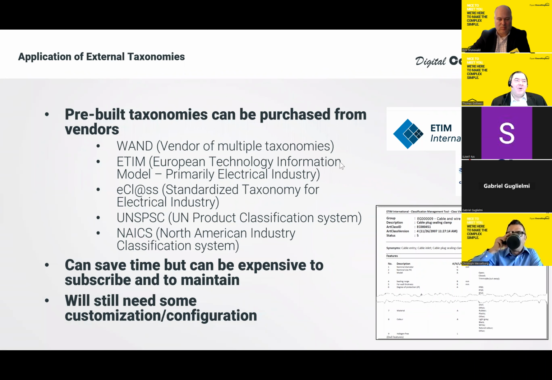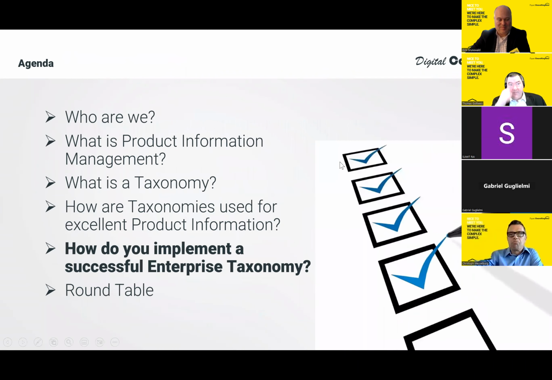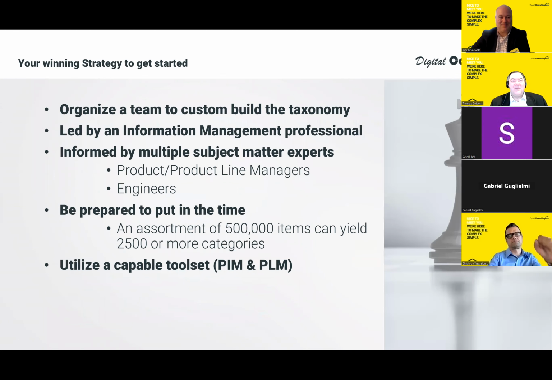So if you'll go to the next slide, please. So we've decided perhaps we don't want to go out and buy a taxonomy, but how do we build one? If we can go to the next slide, thank you. So in my experience, there's a few things that you need to do in order to undertake that process.